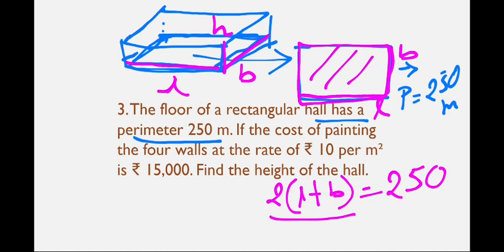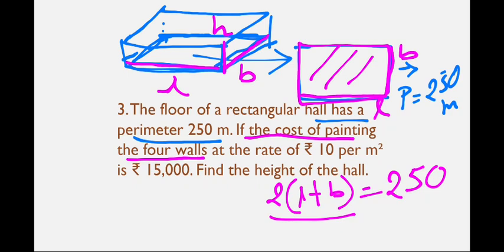Now it is also given that the cost of painting the 4 walls at the rate of rupees 10 per meter square is 15,000. That means you have to paint the 4 walls. You don't have to paint the top ceiling and the bottom floor. That means you have to paint the curved surface area.